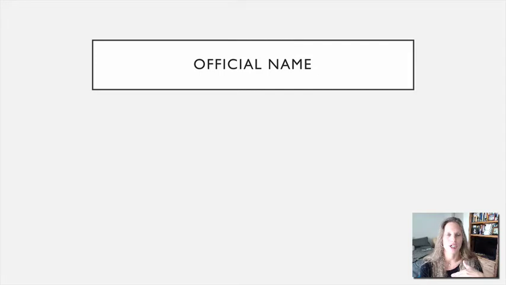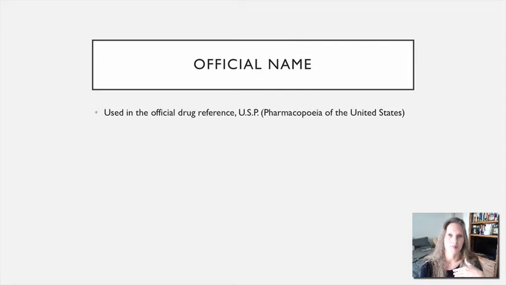Another option would be the official name. The official name is the name of the drug listed in the United States Pharmacopoeia / National Formulary, which is the only official drug reference text in the United States.